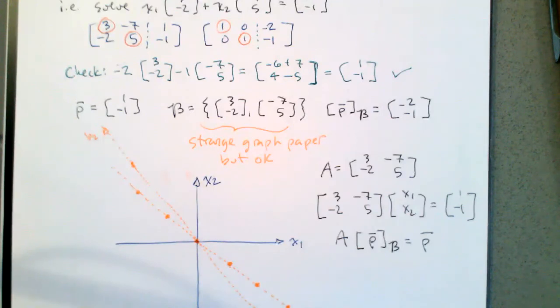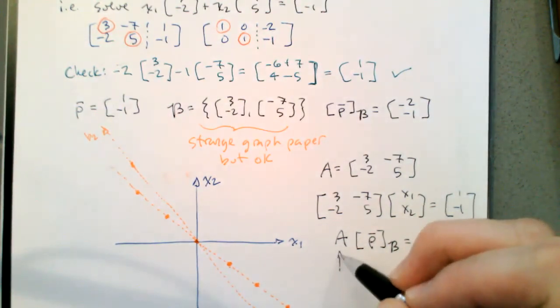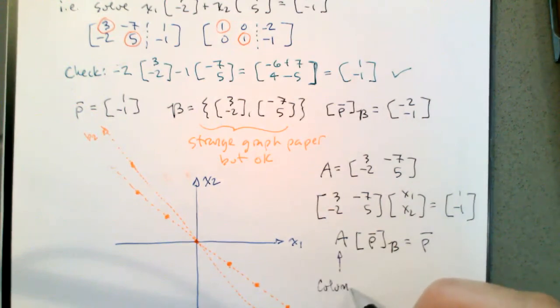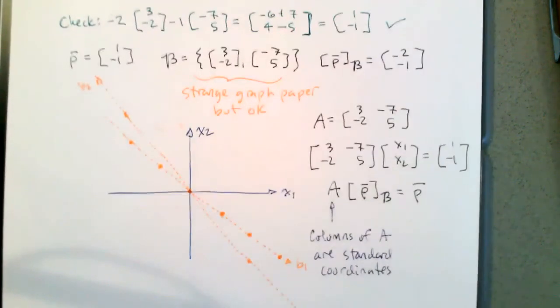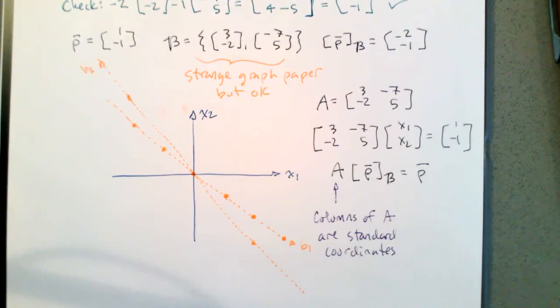Take the matrix A made up of the basis vectors, multiply by the coordinates, and you'll come up with the standard coordinates. The columns of A are standard coordinates of the B basis vectors.